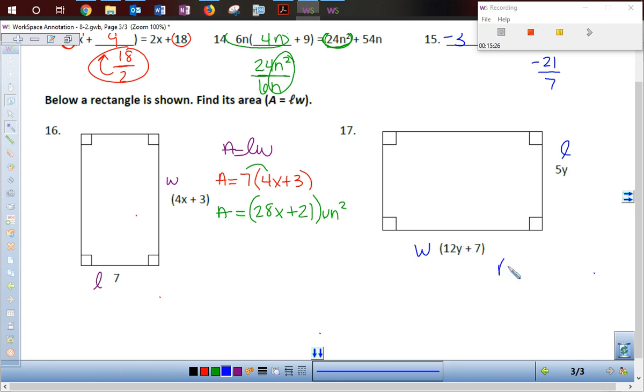So if I substitute my 5y in for my length, and my 12y plus 7 in for my width, I can distribute through, and I'm going to get 60y squared plus 35y, and then my label again would be units squared for my area.